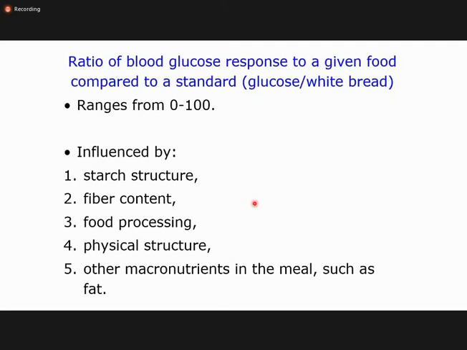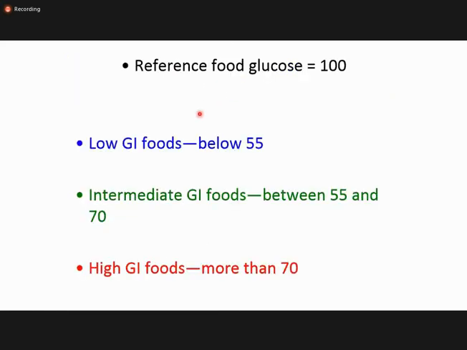We observe how rapidly a food item can increase the blood glucose concentration as compared to the standardized food. It ranges from 0 to 100, and the food items lie in these categories: low glycemic index foods, intermediate glycemic index foods, and high glycemic index foods.